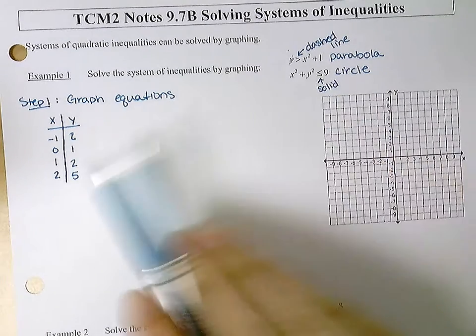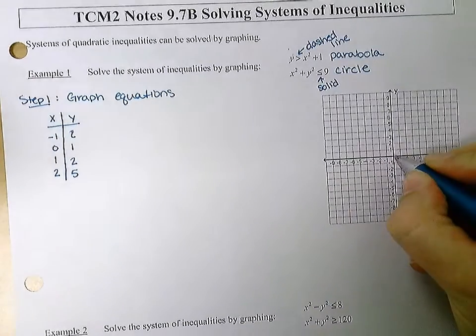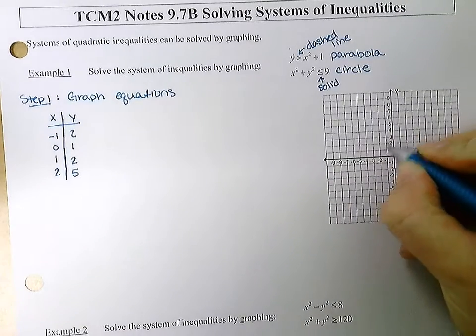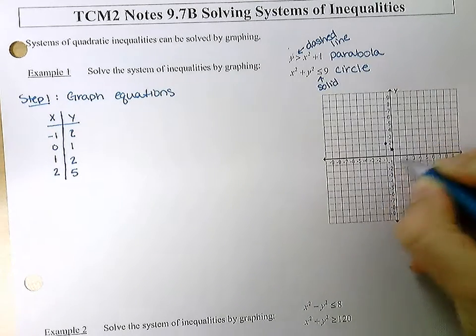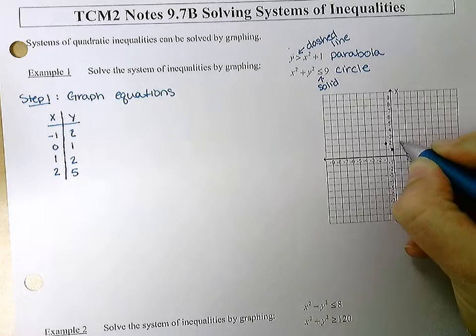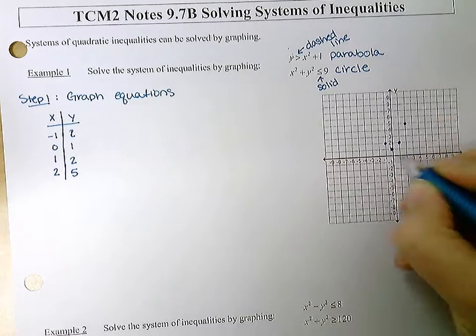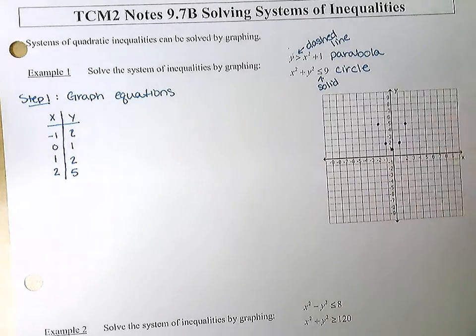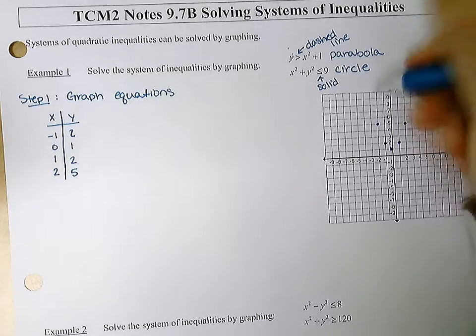So our parabola with these points will have a dashed line. I'll plot those points: -1, 2; 0, 1; 1, 2; and 2, 5. If I were to plug in -2, I would also get 5. So I would just connect all of those with that dashed line.